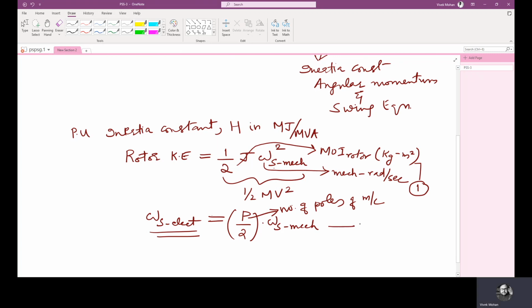This is equation number 2. Now from equations 1 and 2, we can substitute omega_s mechanical in terms of omega_s electrical in equation 1. So we'll get kinetic energy equals half into J into (2 by P) the whole squared into omega_s electrical into 10 raised to minus 6 into omega_s electrical.